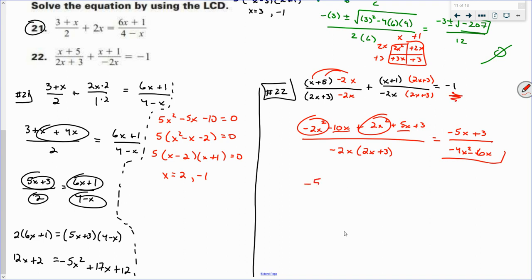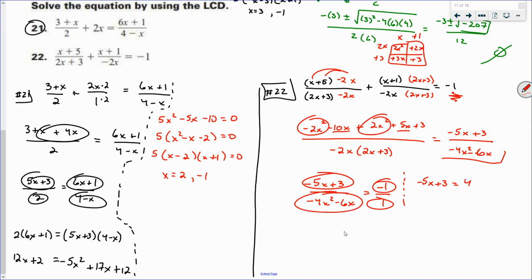So we got negative 5x plus 3 over negative 4x squared minus 6x equals negative 1 over 1. So if we want to cross multiply there, we got negative 5x plus 3 equals negative 1 times this, which is positive 4x squared plus 6x.